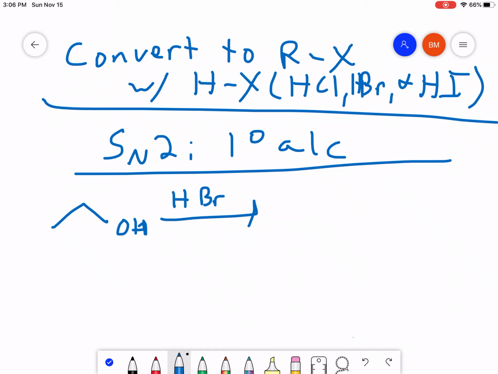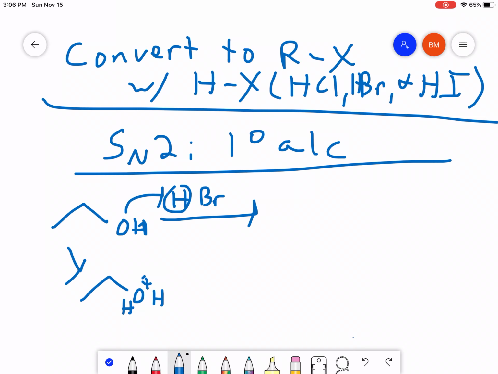Again, we've got to get rid of that OH, and we've got to turn it into a good leaving group, right? So that's the purpose of using the acid here. Just like last time, we're going to grab a proton from that halogen acid, and we're going to use it to make water, which is a good leaving group.